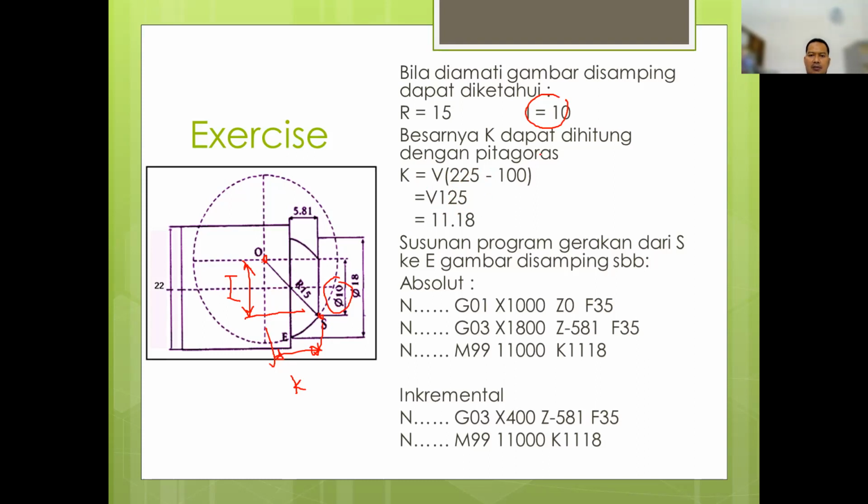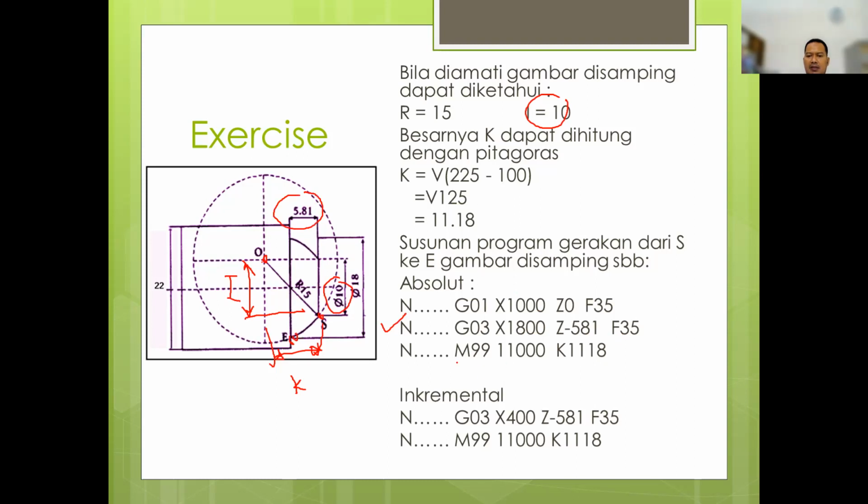After you know the value of I and K, then you can write the G03 in here. X is the final diameter in here, in this position. This is 18. And then the Z is the system with 5.81. Okay.